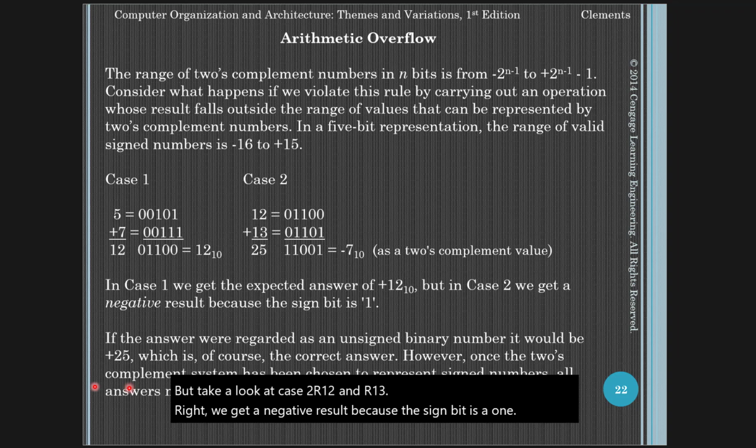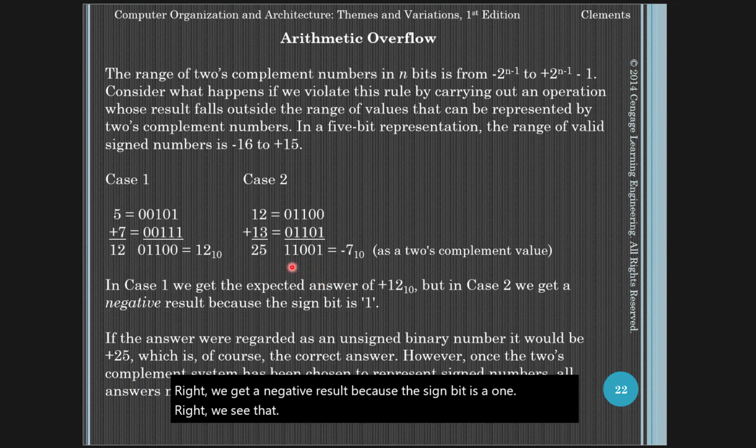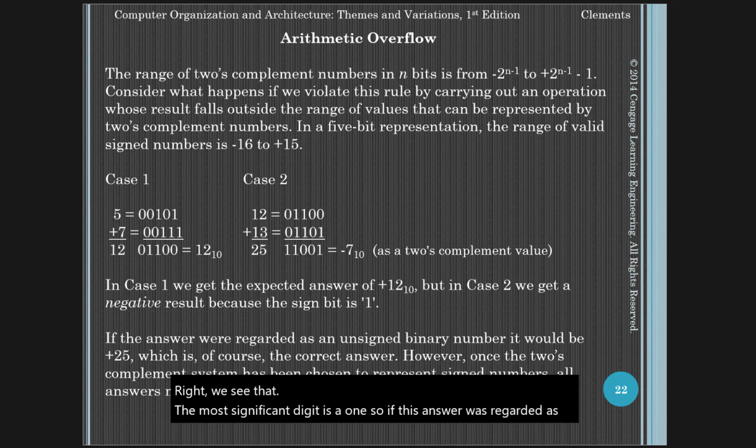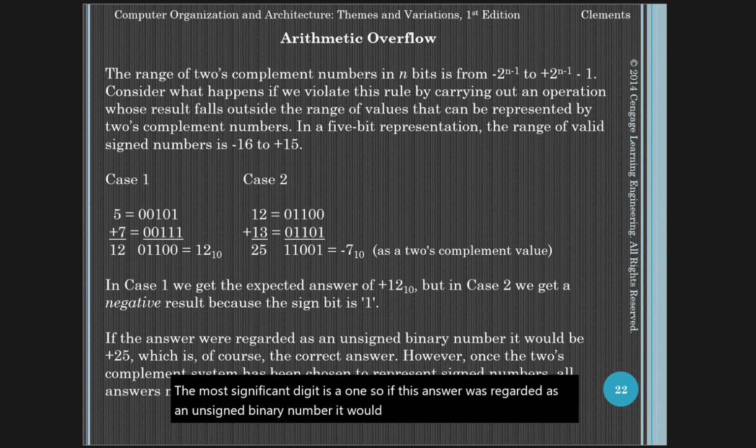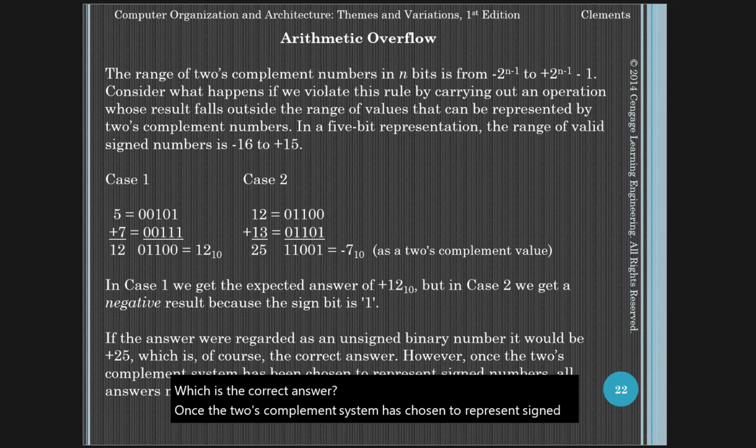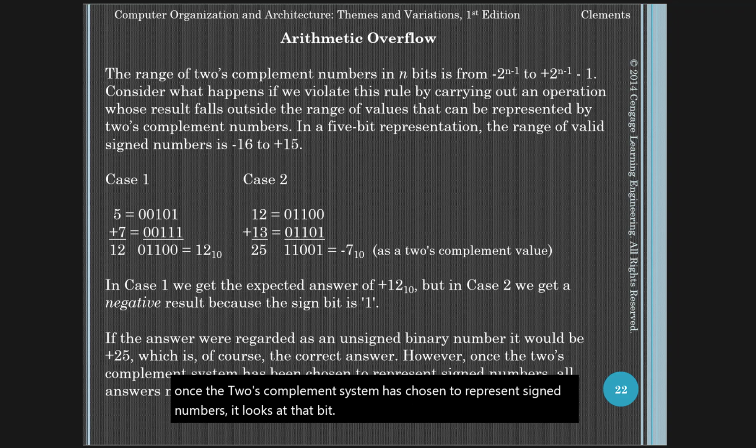We see that? The most significant digit is a 1. So if this answer was regarded as an unsigned binary number, it would be 25, which is the correct answer. But once the 2's complement system has chosen to represent signed numbers, it looks at that bit and sees -7. And that's a problem.